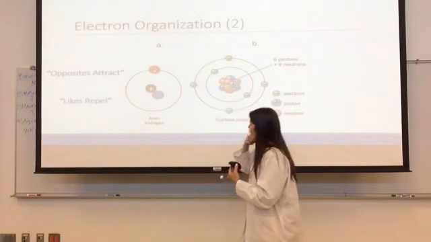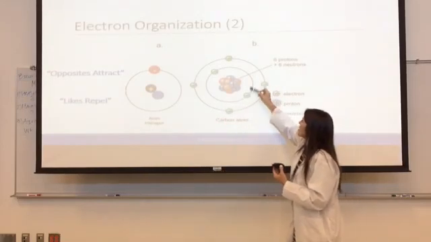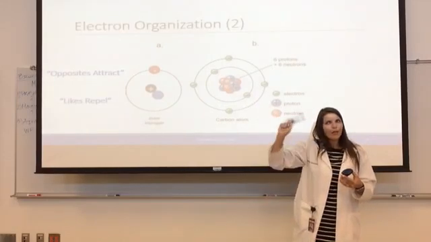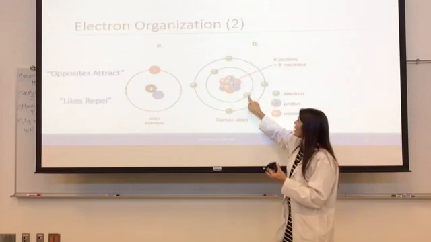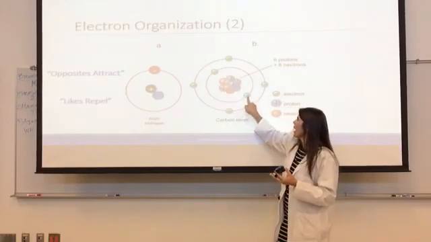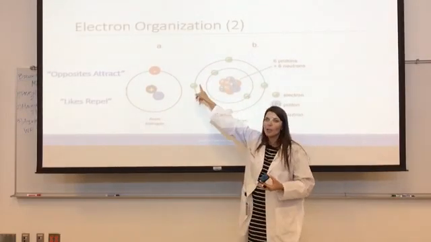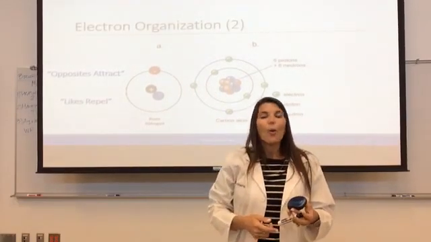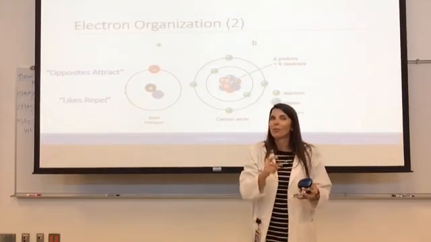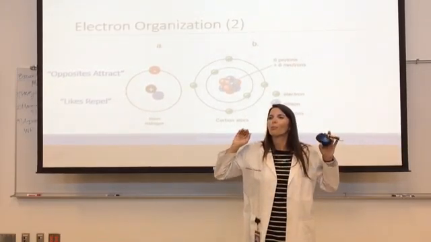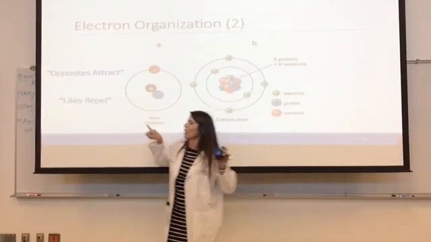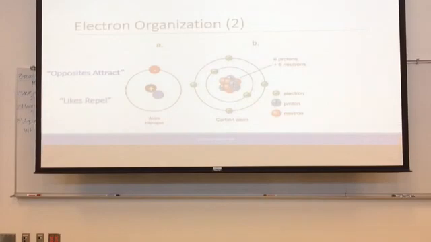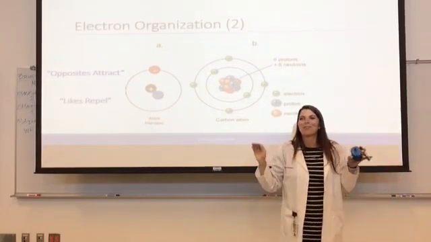Now, the distance between these electrons, is it random? No. Right here in this first orbit, I have one electron here and one on the complete other side. Why are they so far apart? They repel.